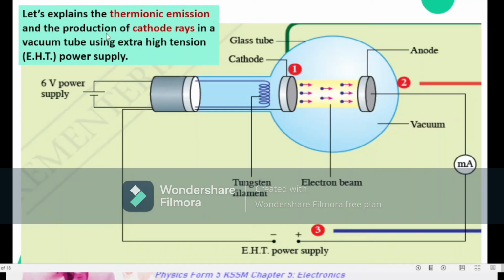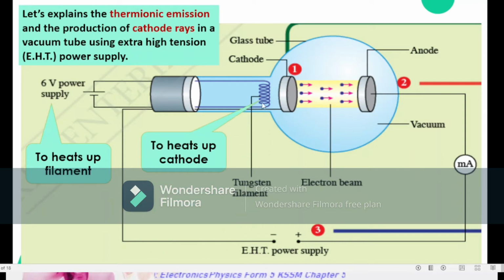Let's explain thermionic emission and the production of cathode rays in the vacuum tube using the extra high tension power supply. This is a vacuum tube. Let's look at it one by one. The first one, the function of the 6-volt power supply is to heat up the filament.